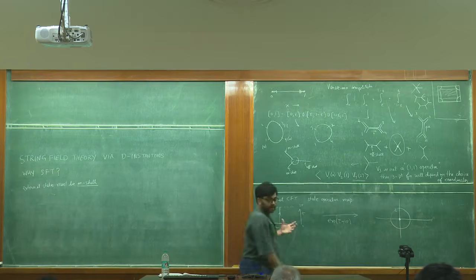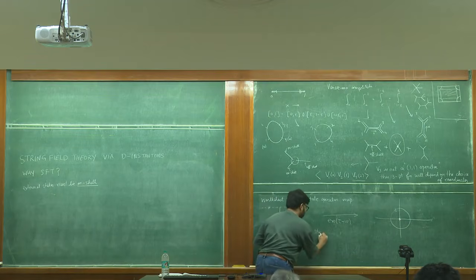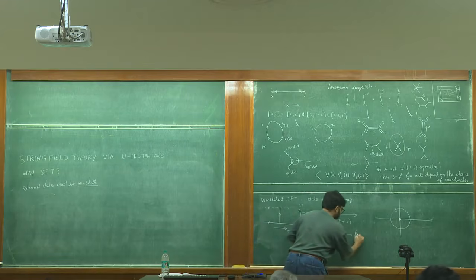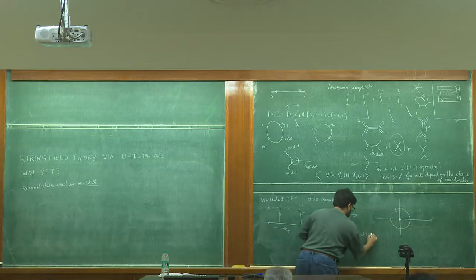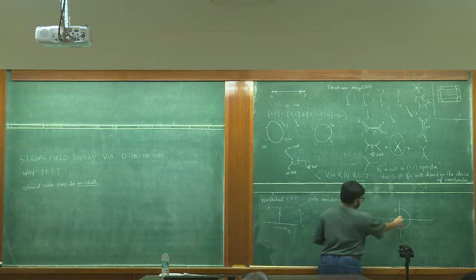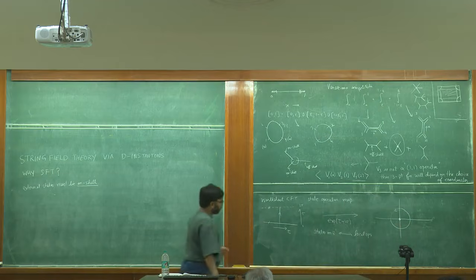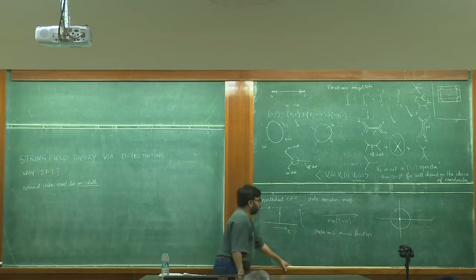So the correspondence is that states on S1 correspond to local operators in the CFT: the operator being inserted here, and the state being on this unit circle. That's for the closed string.